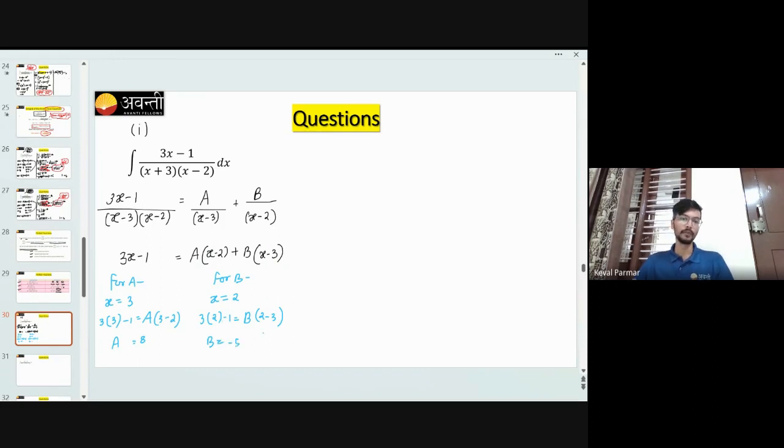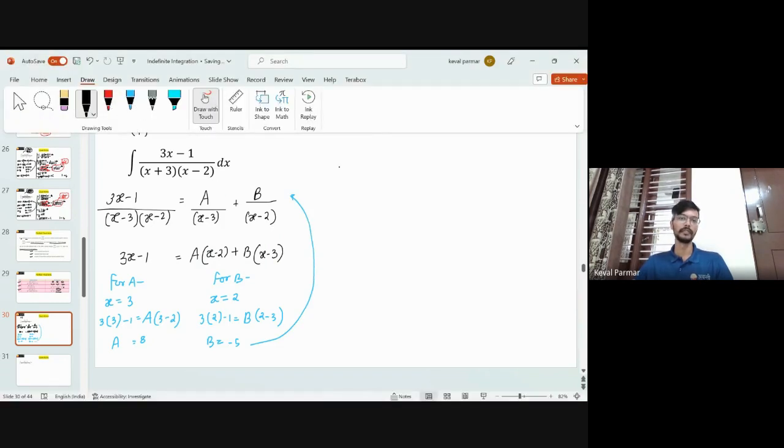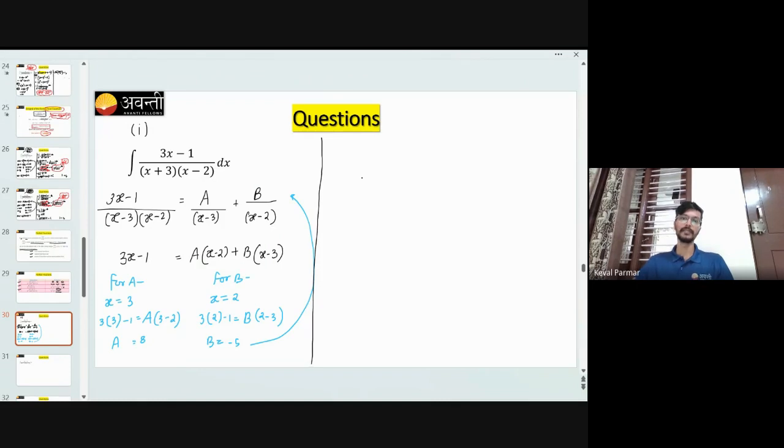Now substitute both of these values here. So if I substitute both of them here, I will get 3x minus 1 upon x minus 3 into x minus 2 can be written as 8 upon x minus 3 minus 5 upon x minus 2.